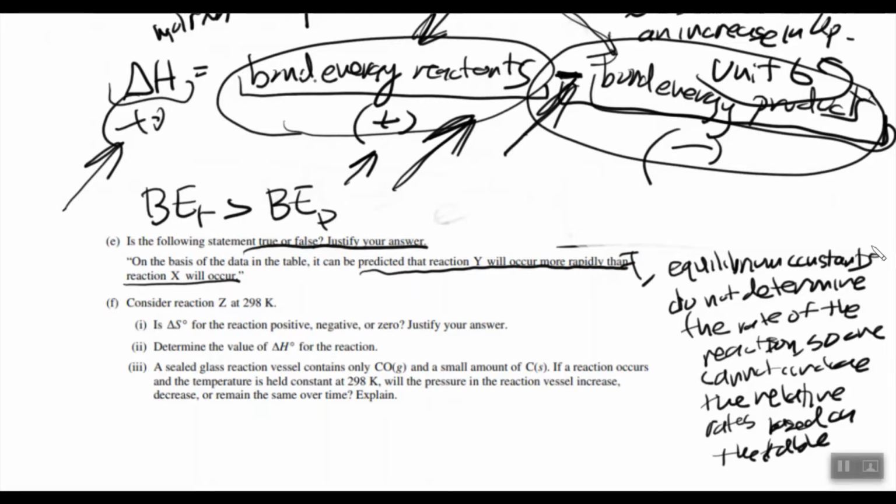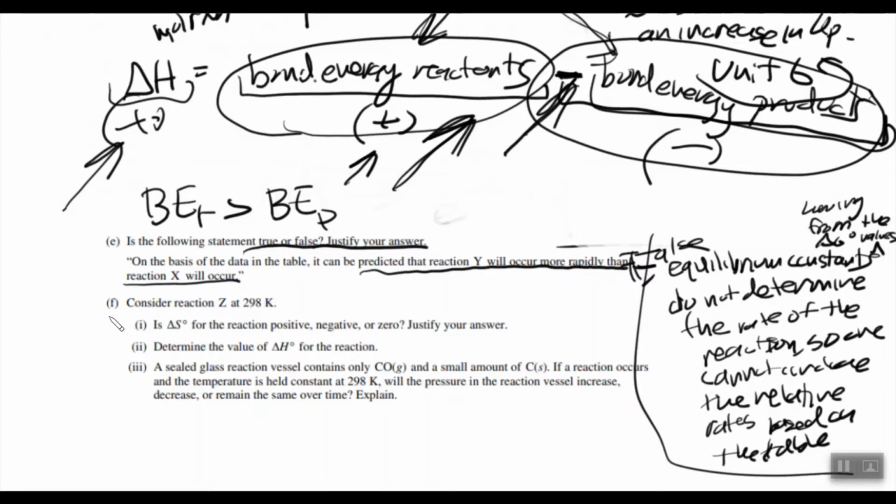And you can also add that the equilibrium constants come from the delta G naught values. So this would be my explanation, and yeah, this is false, and let's write false all the way because you want to make yourself clear.